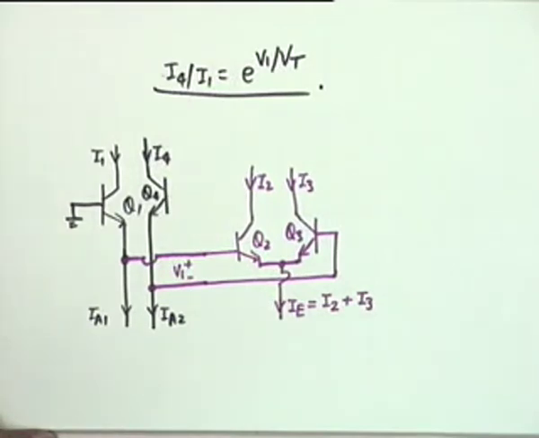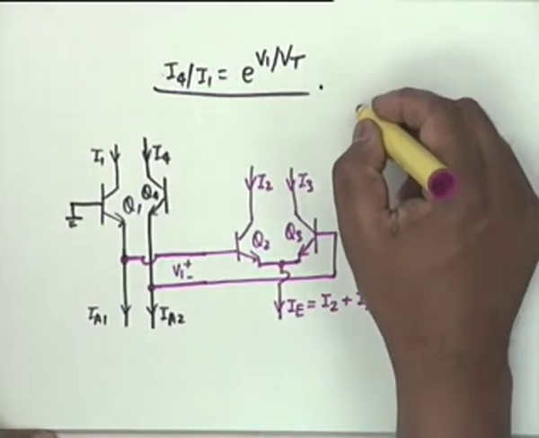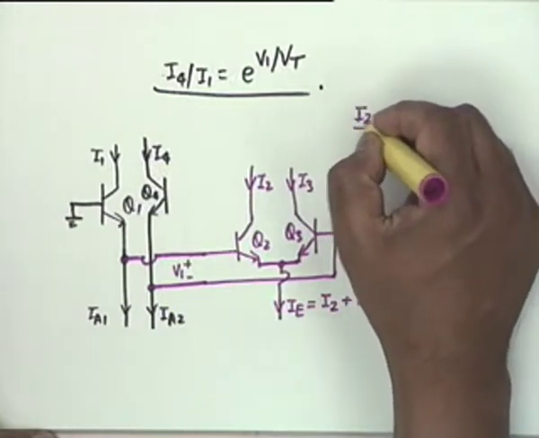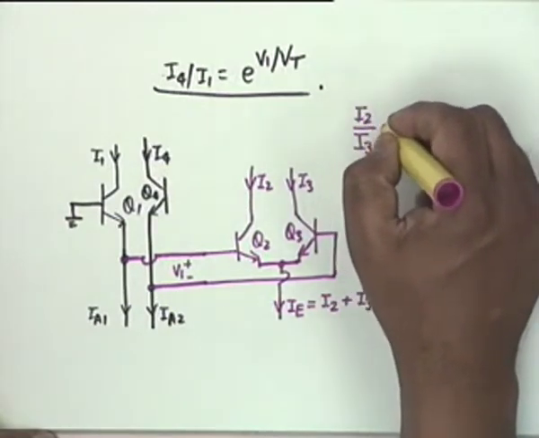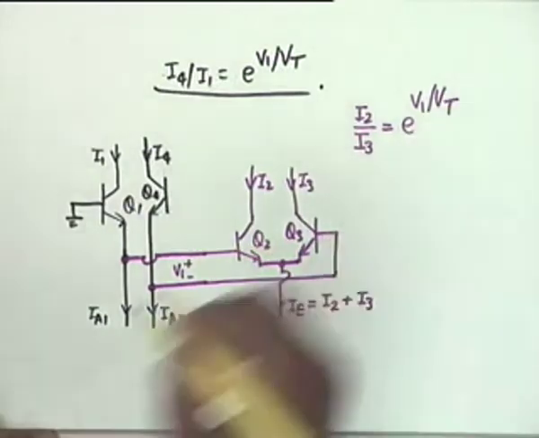All right. Now, what is the ratio I2 to I3? Can you tell me? Just by looking at this circuit without doing any calculation, the ratio of the two collector currents? E raised to the V1 by Vt.